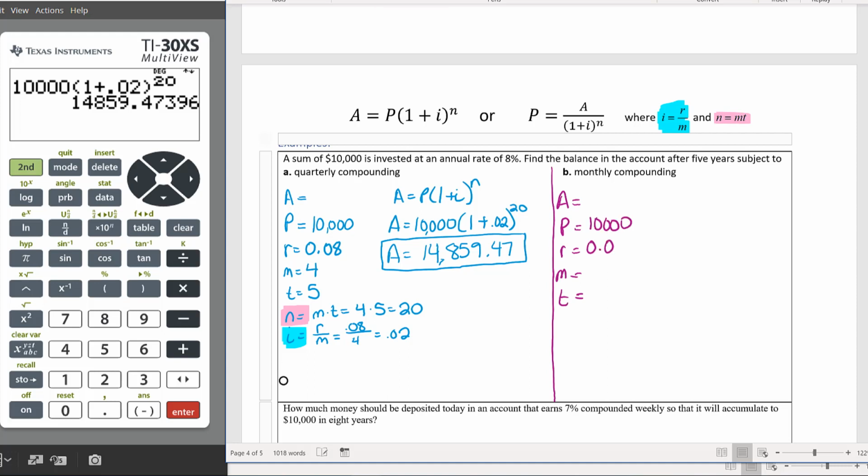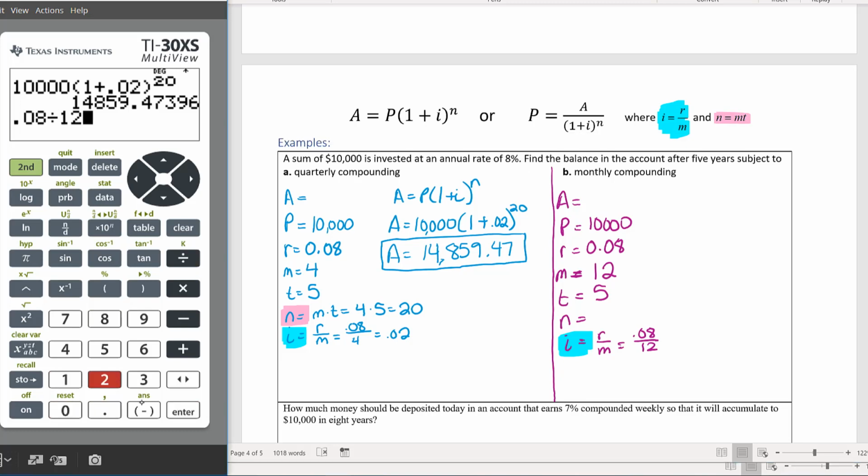My rate is still 0.08, but my M is the only thing that is changing for Part B. I'm now compounding monthly, so M is 12. When I try to find I, I'm using that blue highlighted formula, which is R divided by M. My rate is 0.08 divided by 12.